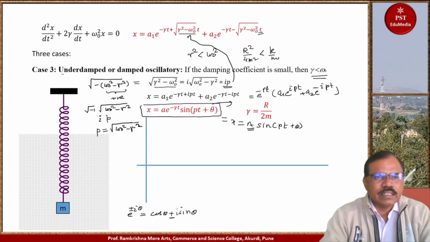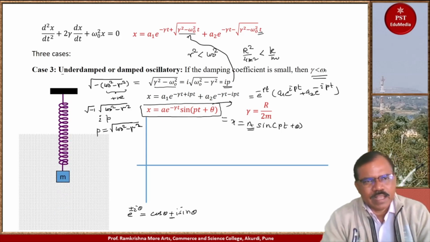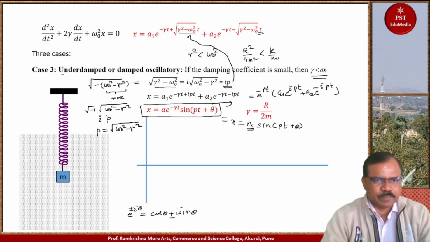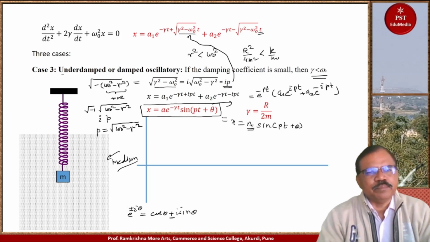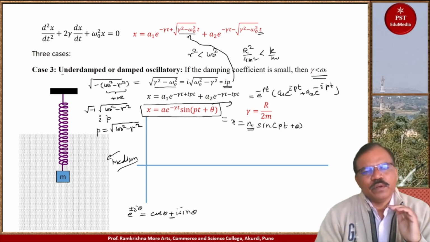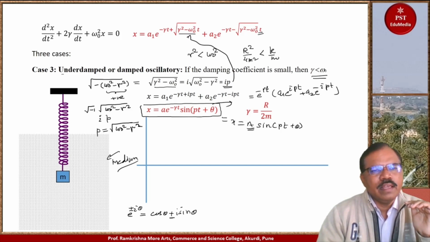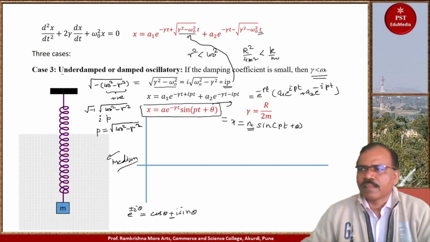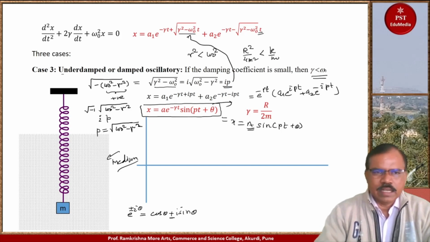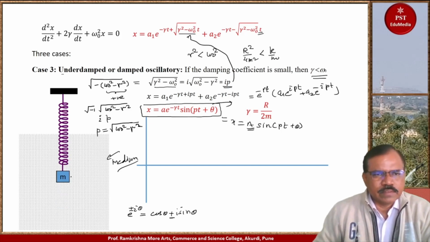So what happens here? Suppose we take a spring mass system, and this one is a medium, suppose air medium. And if we extend this, what will happen? Here this one is the equilibrium position.